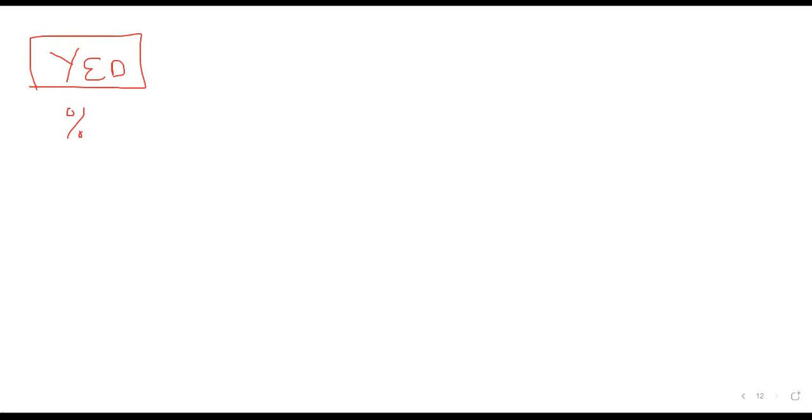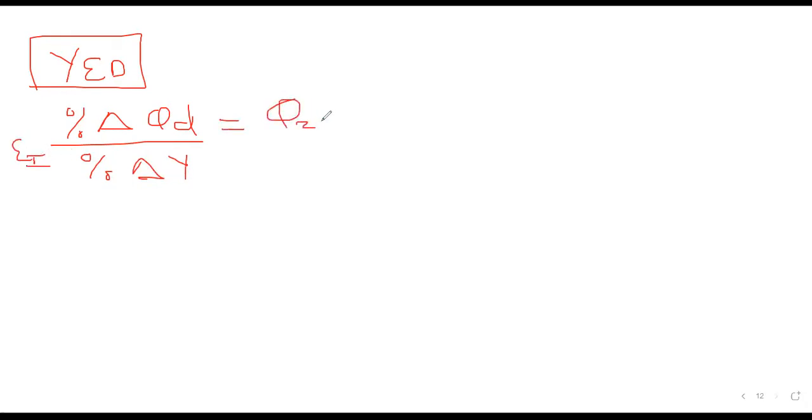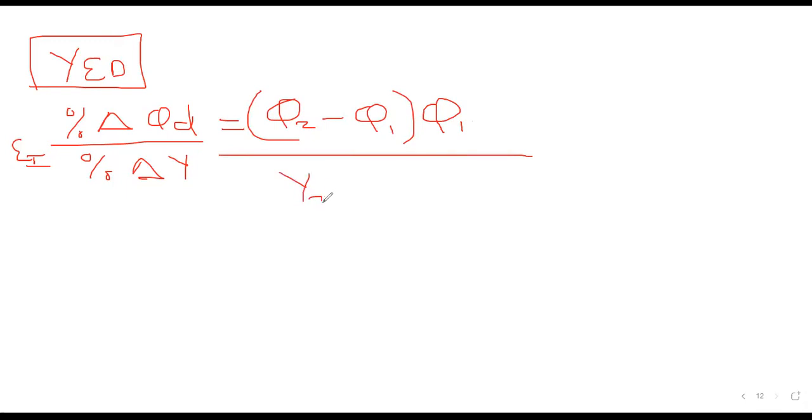Percentage change in quantity demanded over percentage change in income. This is elasticity of income. So it is Q2 minus Q1 over Q1 divided by Y2 minus Y1 over Y1.